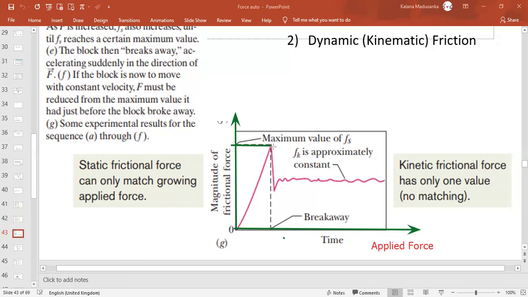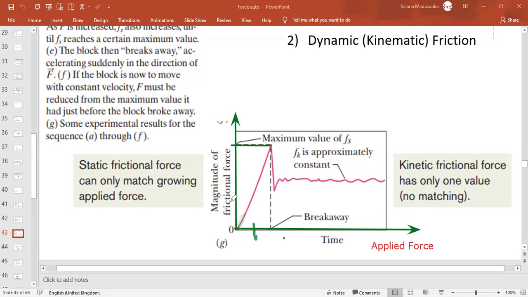Okay. So now you can see if there's no applied force, which means the 0 point, there's no friction force at all, right? No applied force, no friction force. Then if you apply 5 newtons, friction force becomes 5 newtons. That is how this chart has been drawn, right?